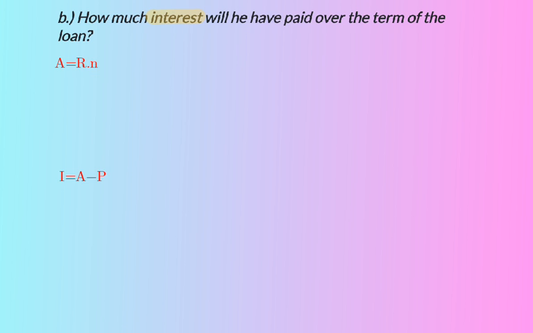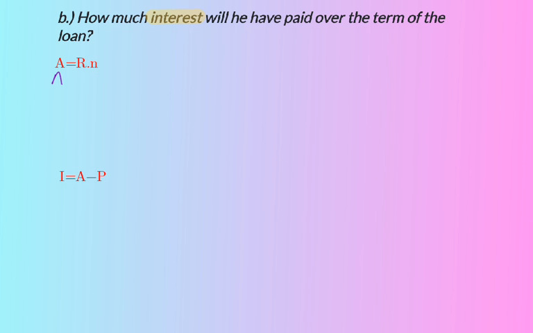The second part of the question is, how much interest will he have paid over the term of the loan? We will do this using A equals R times n. We know that R is the payment per period and n is the number of periods, but A is the total amount including the rate of interest.